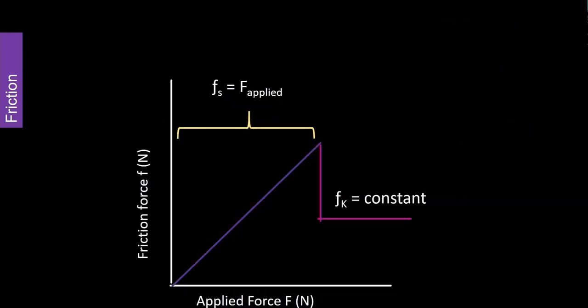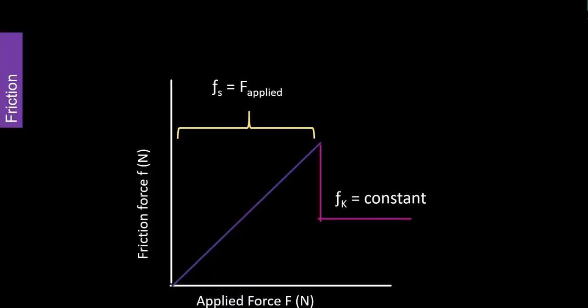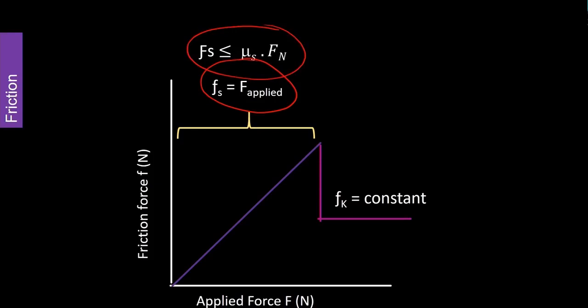We have got time to quickly look at this graph and see how we can add to it. So we've already seen that the static friction is equal to the applied force. What we haven't said was that this holds true, so the static friction is equal to this, or it is smaller than.